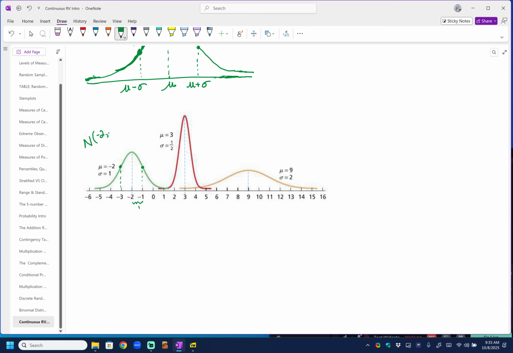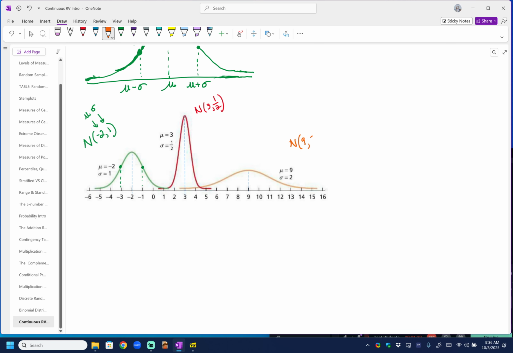The terminology is capital N for normal, and then parentheses, almost like a coordinate, where you would put your mu and your standard deviation. That creates our first normal curve here. Our second normal curve would be N(3, 1/2). And our last one would be N(9, 2).